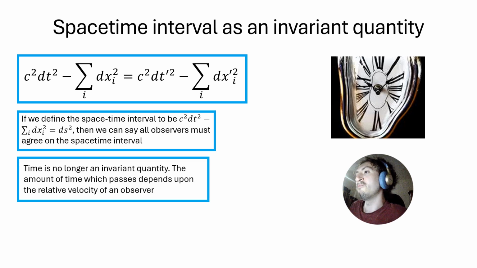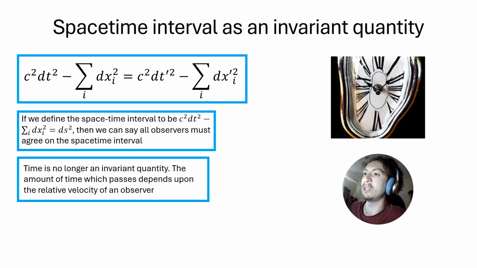Now, as we said before, particularly if we're considering events in the moving person's reference frame and considering the space-time interval between those events, then we're usually going to be able to set dx prime to 0, leading to an equation which clearly goes, well, dt prime is going to have to be different from dt.